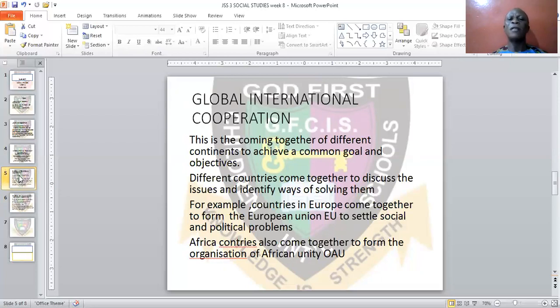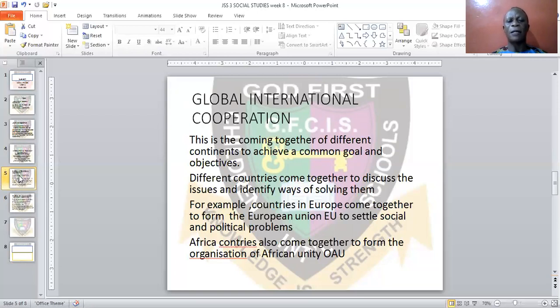Now, global international cooperation. This is the coming together of different continents to achieve a common goal and objective. Different countries come together to discuss the issues and identify ways of solving them. For example, countries in Europe come together to form the European Union, that is EU, to settle social and political problems.